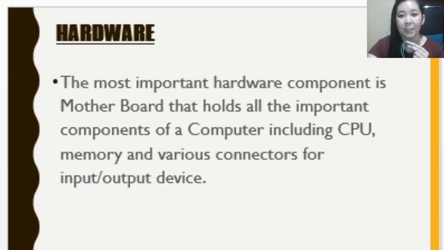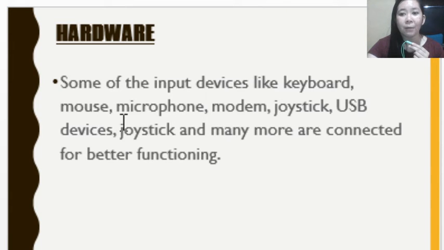And for processing, some of the input devices like keyboard, mouse, microphone, modem, joystick, USB device, and many others are connected for better functioning and also to assist in the collection of the data using these different formats.